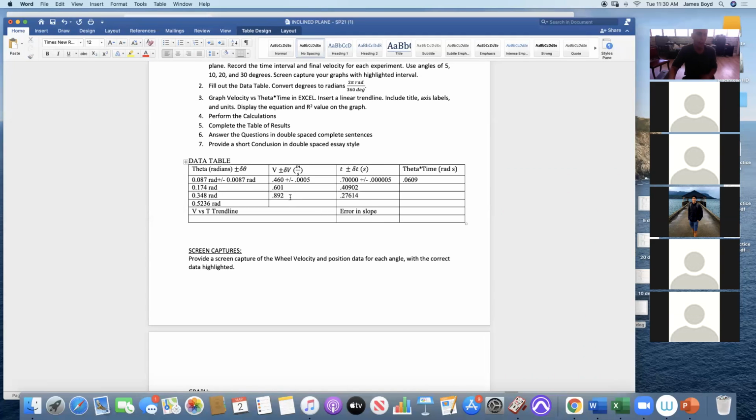And the final one that I have here is going to be 30 degrees, which is even more of a pain. You might want to put something to keep it from moving. Still not quite 30.